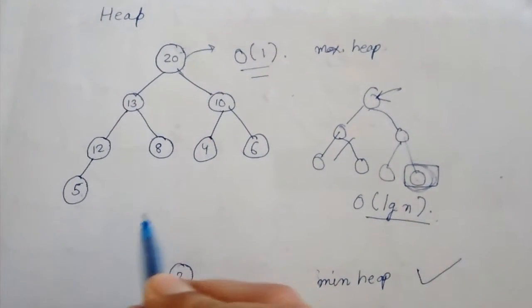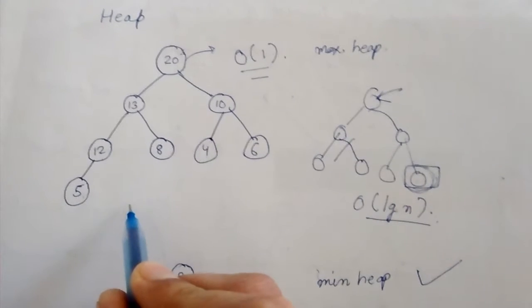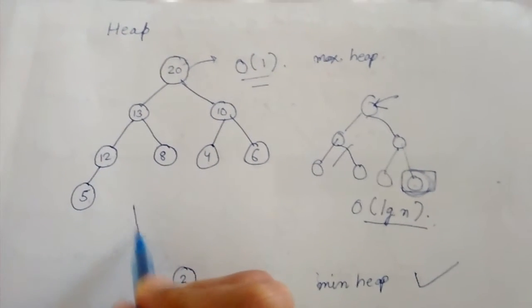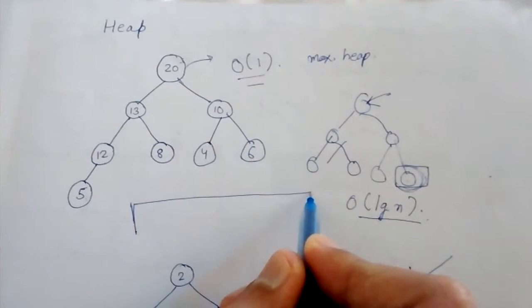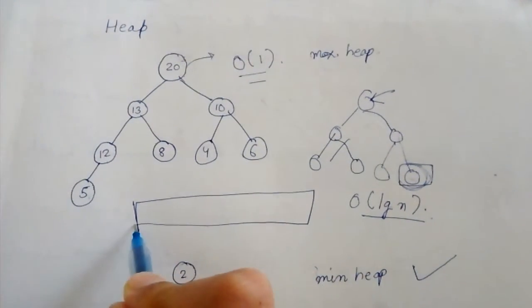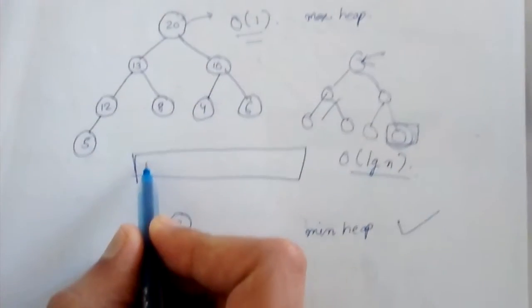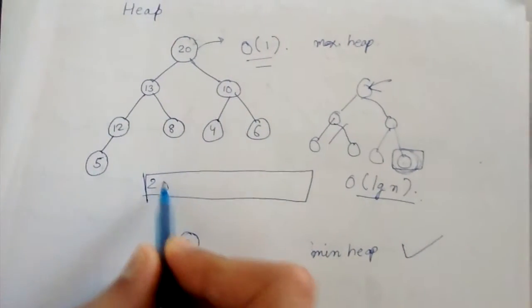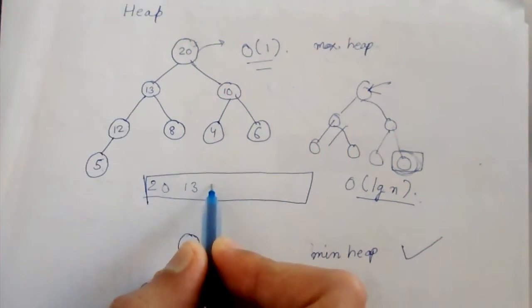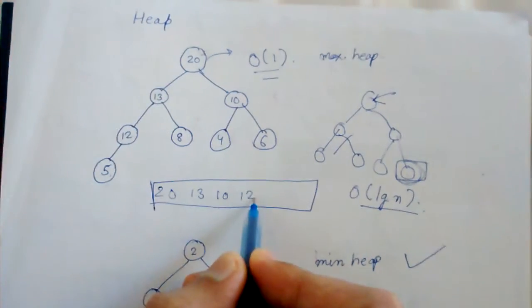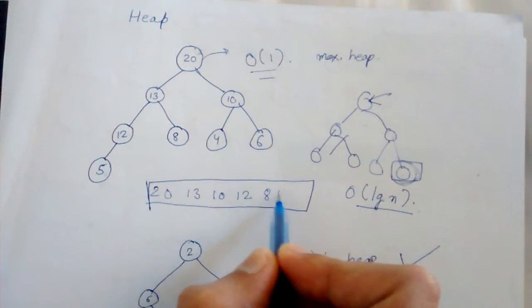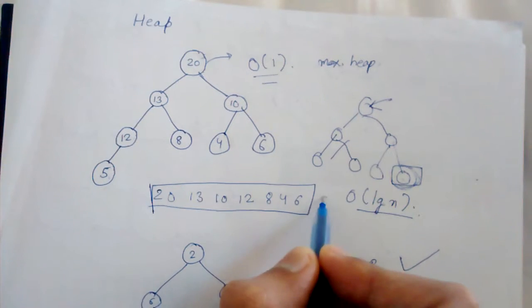But while storing it, we will take the help of an array internally. So this is an array, in which we want to store the heap. And how we store it is like this: 20, 13, 10, 12, 8, 4, 6, 5.